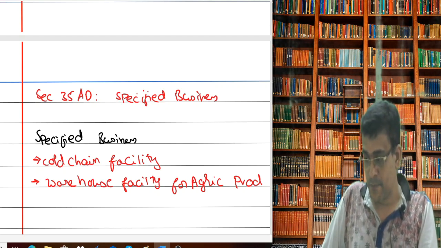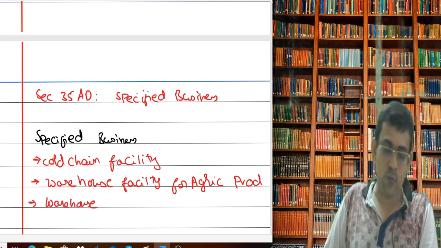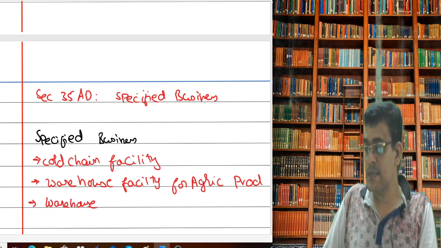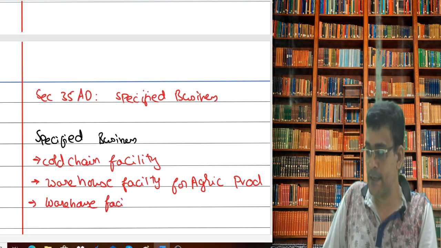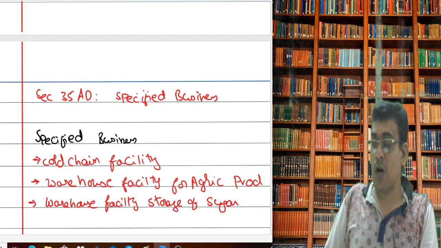Then the third one also speaks about a warehouse. Already we have covered one warehouse. Now this warehouse facility is about storage of sugar.